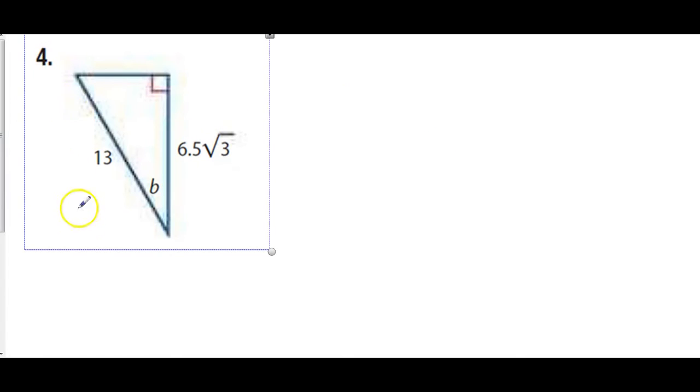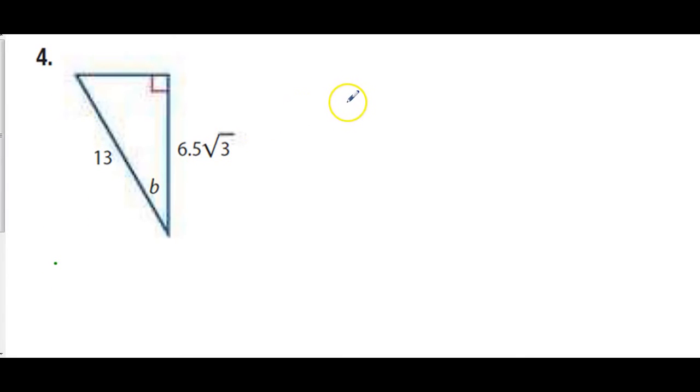Last one, number 4. Number 4 is interesting because now look at what we know. I know this is 90. I don't know an angle. Now it's an angle that's missing, and I know 2 side lengths. So I'll give you a second to observe this question and see what your thoughts are.